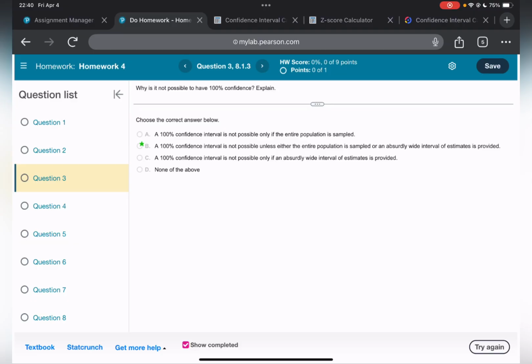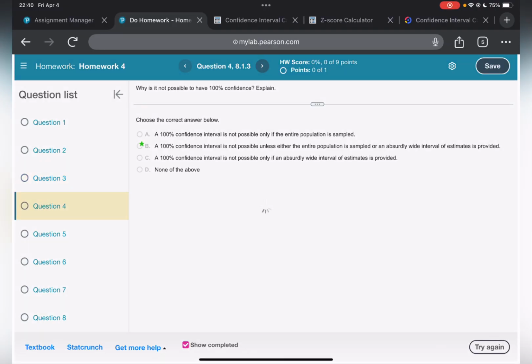Because you will have the precise number for everybody. And C: A 100% confidence interval is not possible only if an absurdly wide interval. No, that's complete nonsense. None of the above doesn't count either. So we got the answer.